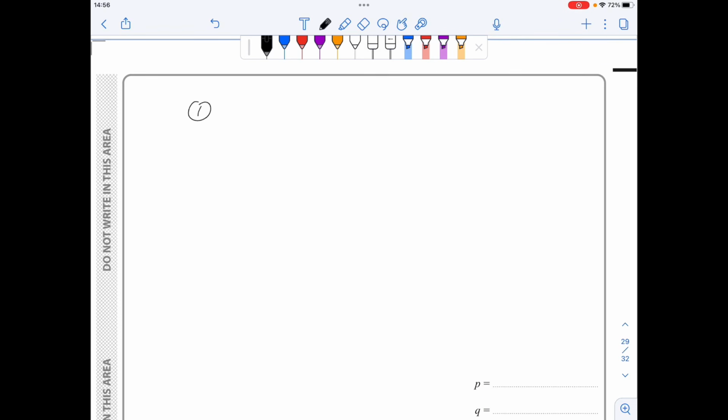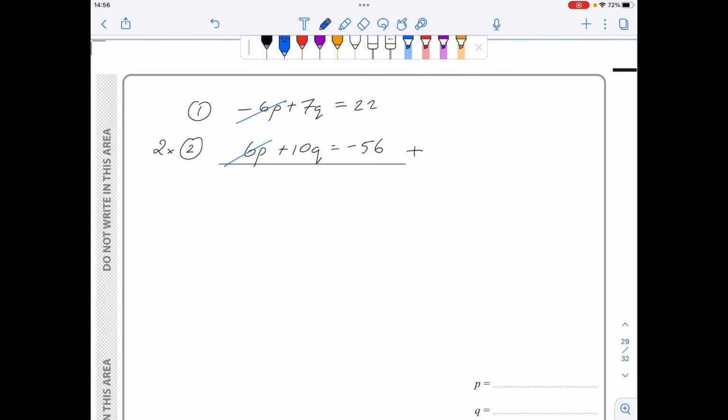So I will rewrite equation 1: minus 6P plus 7Q equals 22. I will multiply the second equation by 2, so I get 6P plus 10Q equals minus 56. Now I will add those two equations. The minus 6P and the 6P cancel out, so 17Q equals minus 34.